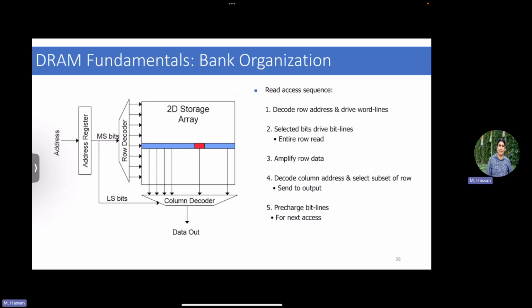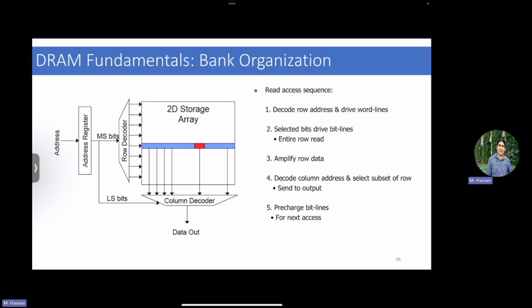What you do to access the DRAM is you feed an address in 2 stages. In the first stage you feed in the row address to the row decoder with the activate command, what we call the ACT process. You bring in the full row from the cells down to what we call the sense amplifiers or your row buffer. That works as a small cache holding 1 full row.